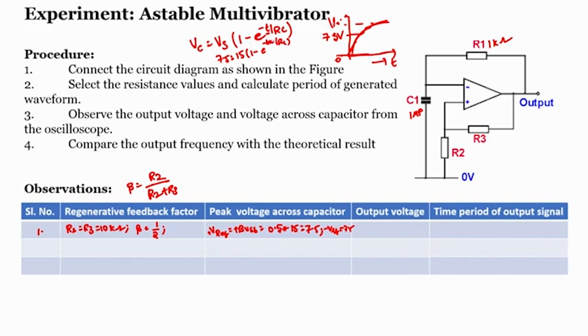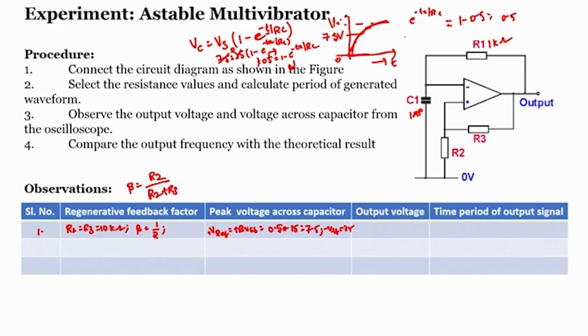If we calculate, 7.5 is half of 15, so it becomes 0.5 is equal to 1 minus e power minus Tx by RC, right. Taking this to the other side, e power minus Tx by RC is equal to 1 minus 0.5, which is 0.5.